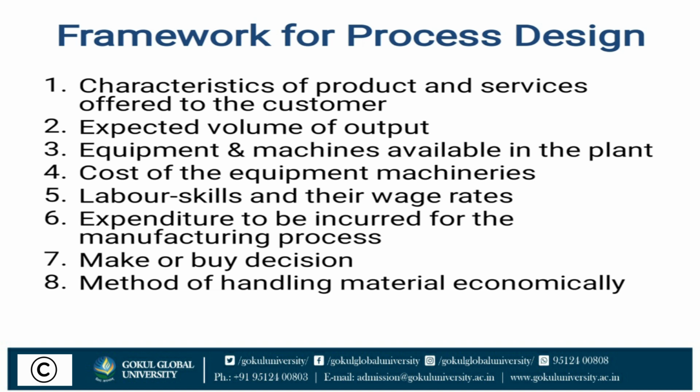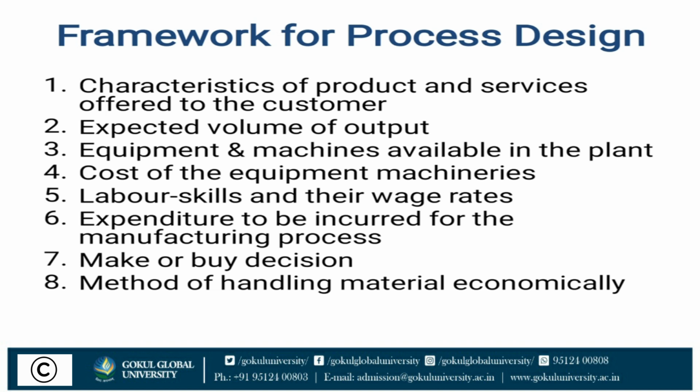The fourth one is cost of the equipment and machineries. After assuring the equipment and machineries, the next framework step is to decide the cost of that equipment and machineries. The next one is labor, skill and their wages.